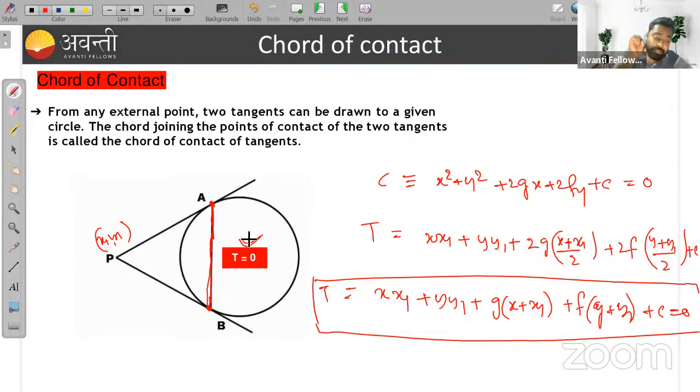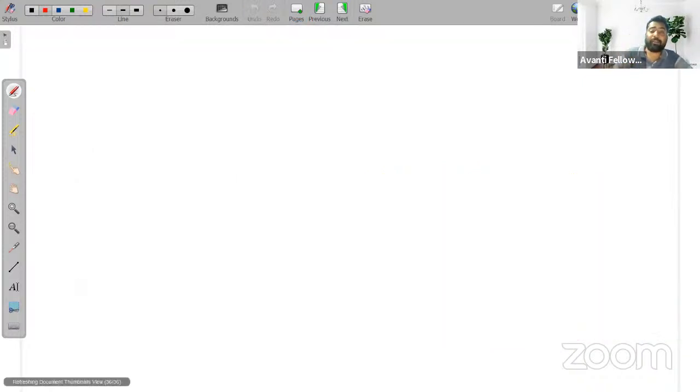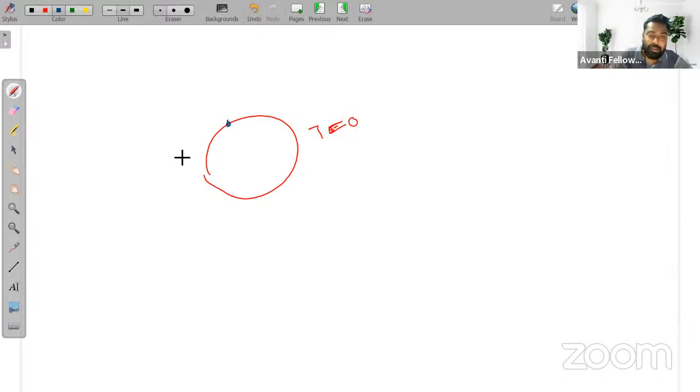And you can say also, sir, in case of tangent also, we are taking the equation of tangent as T is equal to 0. But in that case, what is happening? In case of tangents, we are using T is equal to 0 as the equation of tangent when the point is on the circle, and at these points we are drawing the tangents. So this is the equation of tangent.